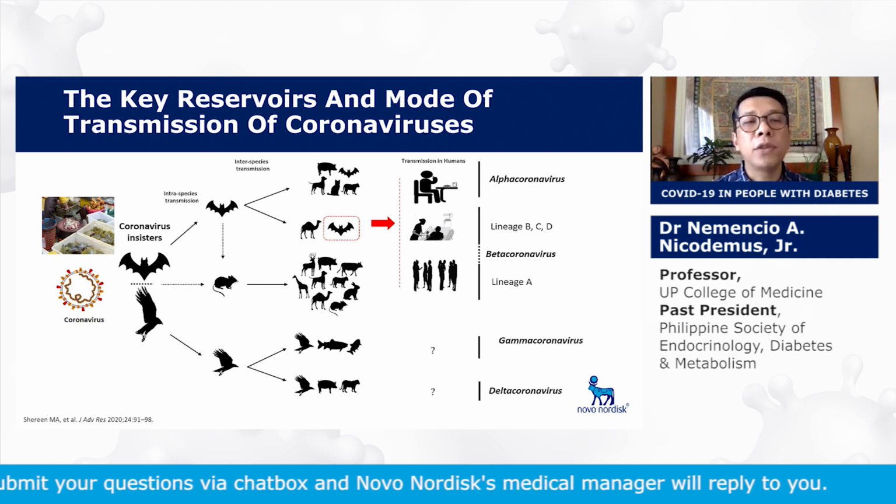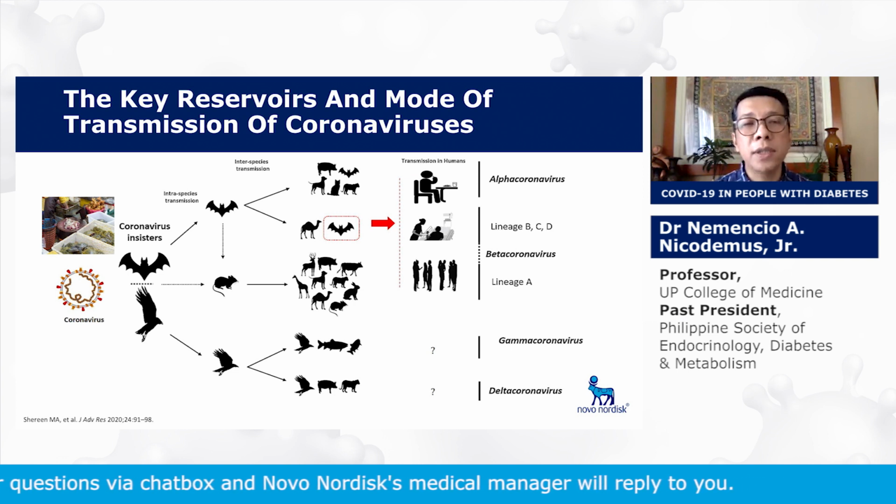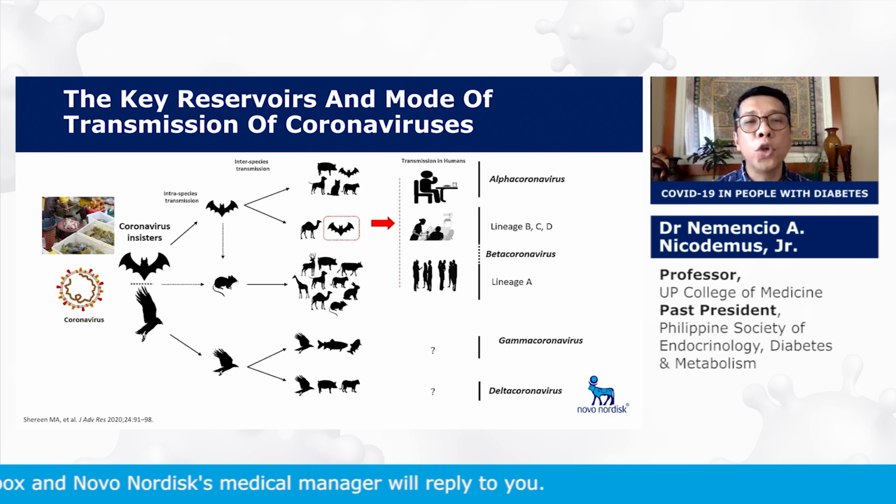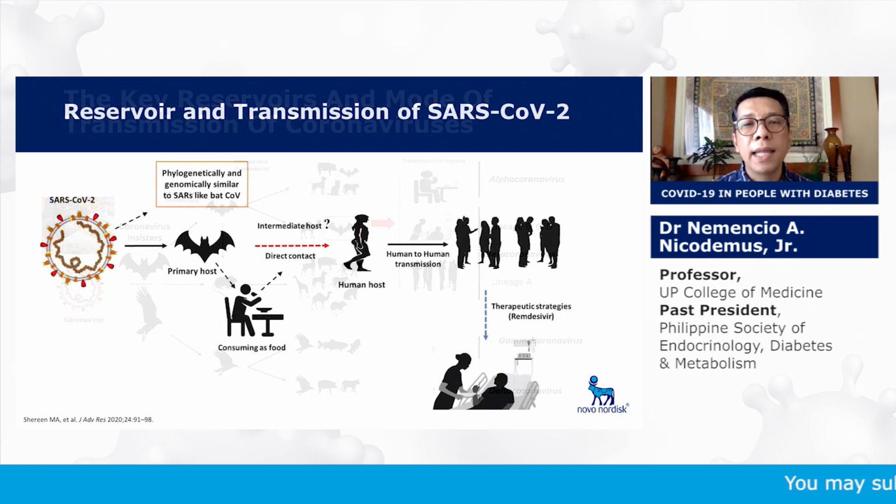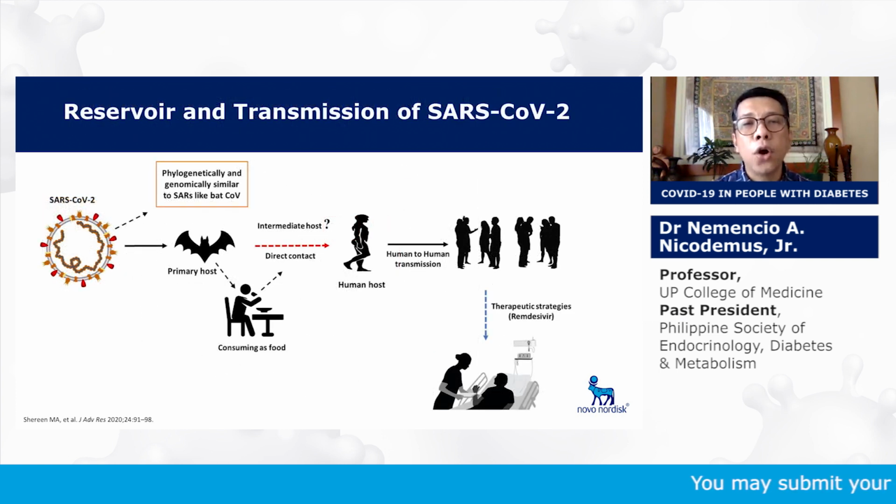But there were interspecies transmission within these animals, and the only time that there was human transmission was when humans started consuming some of these animals for food. And of the different types of coronaviruses, the alpha and the beta coronaviruses are the ones that can transmit disease in humans. Let us focus our attention on the SARS-CoV-2, which is the virus that causes COVID-19.